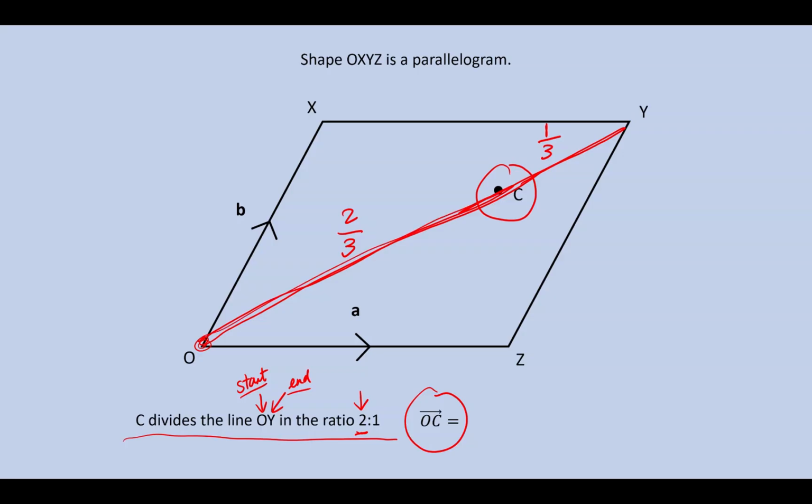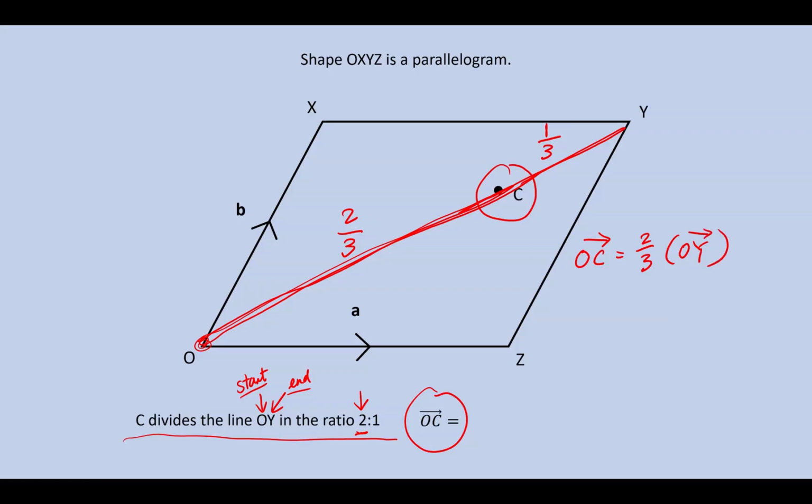So you know OC is related to OY, because they are on the same line. OY just extends further. So you may have an idea that OC is basically 2/3 of OY.